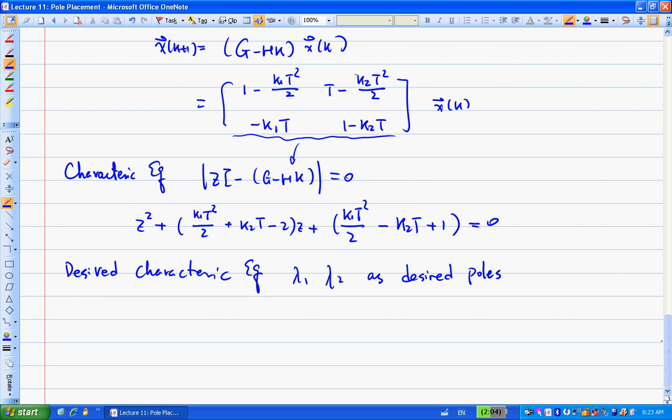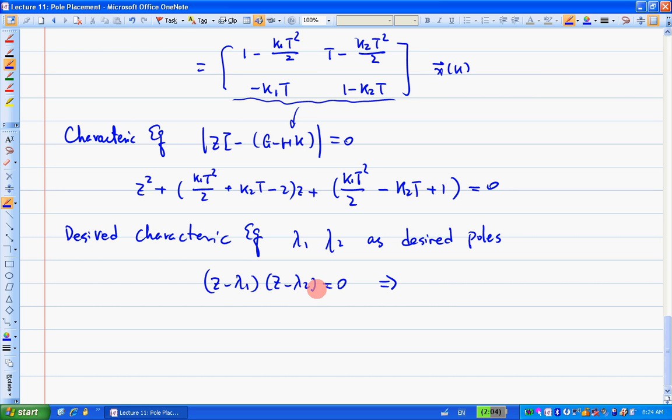Then the desired characteristic equation is z minus lambda 1 times z minus lambda 2 equal to 0. If you expand this, that will be z squared minus lambda 1 plus lambda 2 times z plus lambda 1 lambda 2 equal to 0.